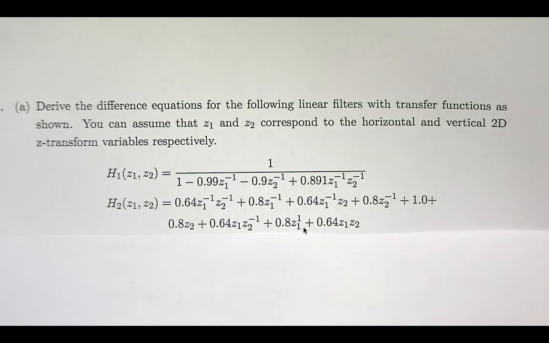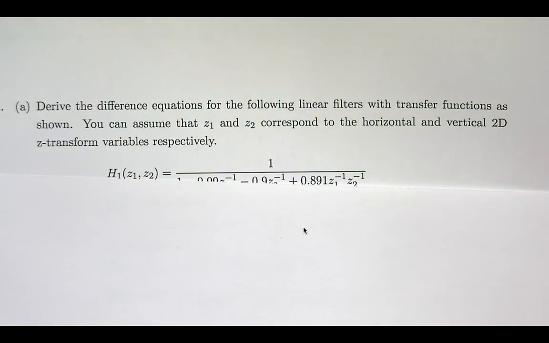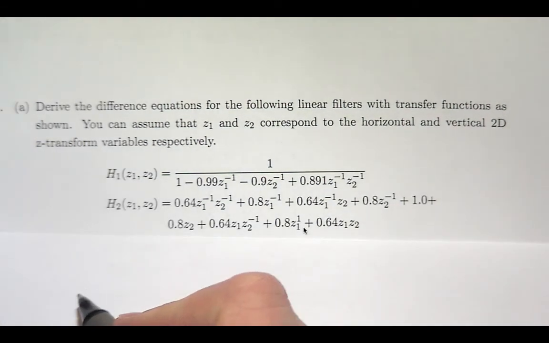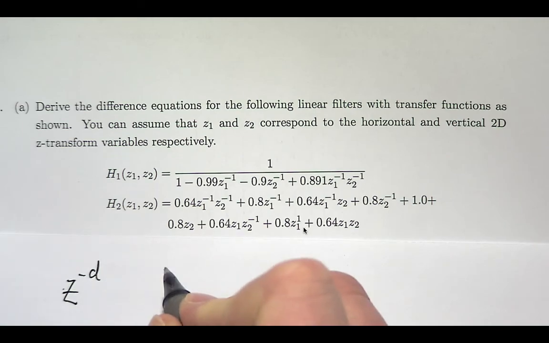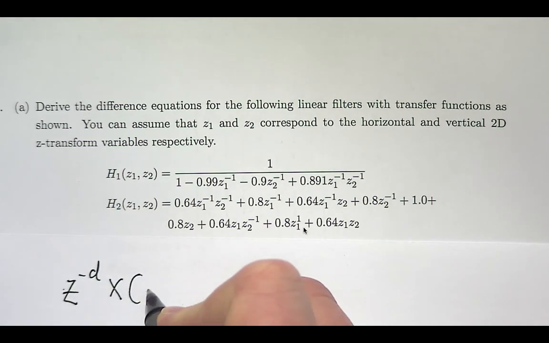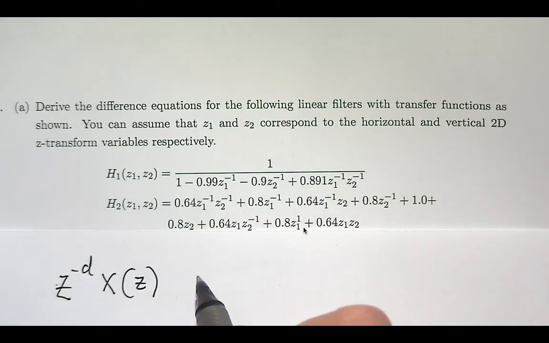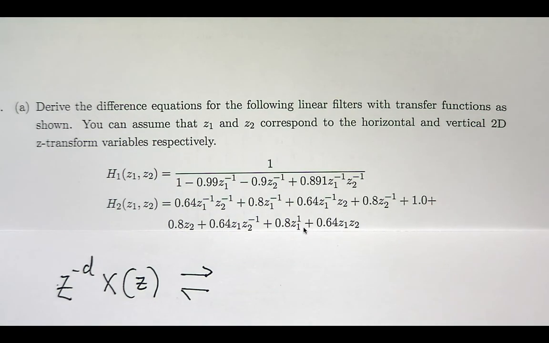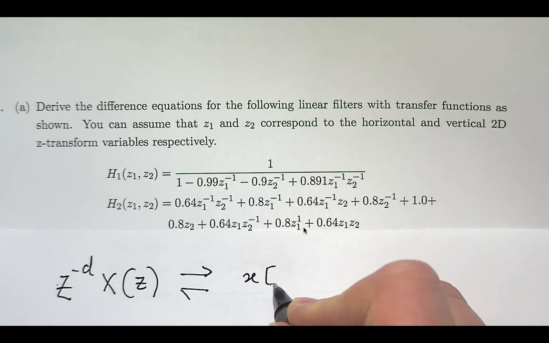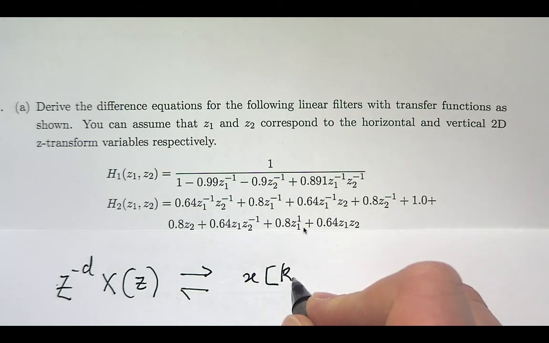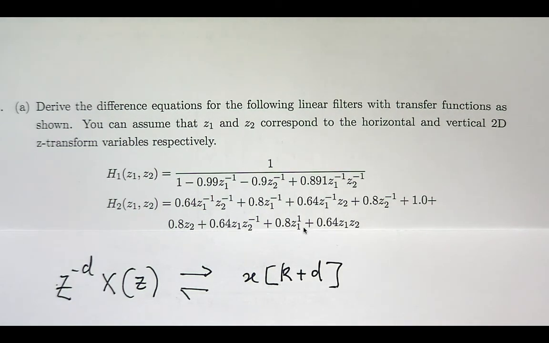If you end up with something like z to the power of minus d of x of z, in the discrete world, what you're looking at really is the sample of k plus d.